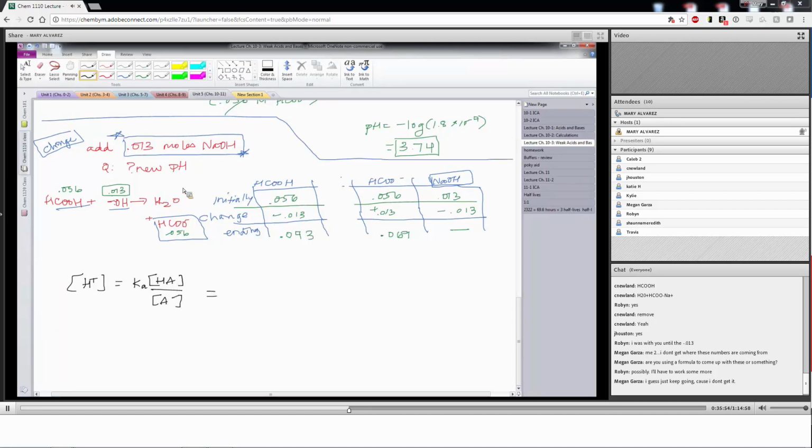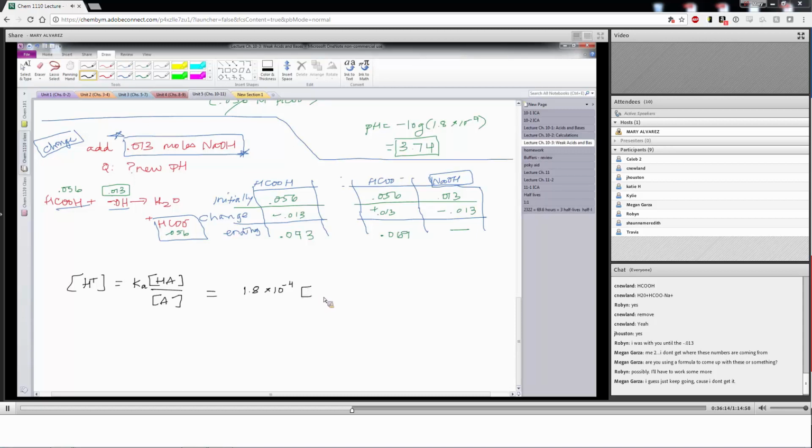So for the purposes of this buffer system, which has had sodium hydroxide added to it, my H plus is going to be the K sub A, which again is 1.8 times 10 to the minus 4th. But that was given to you in the problem. Multiplied by my acid concentration.